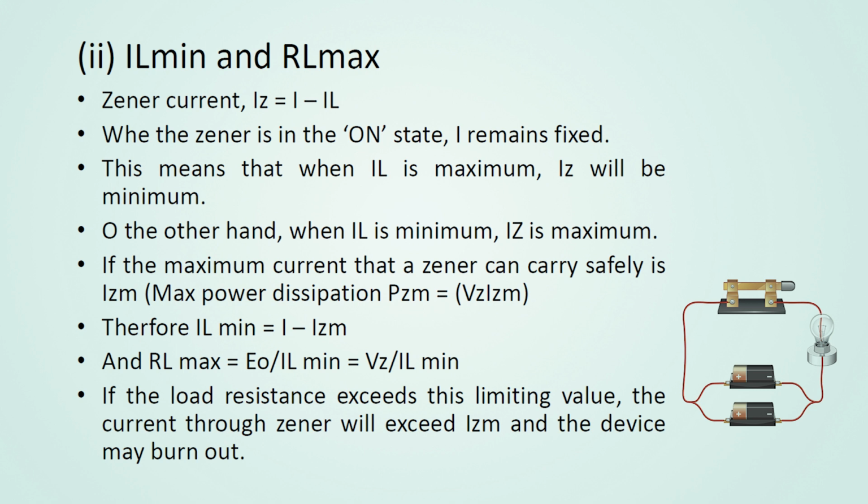Therefore, IL minimum will be equal to I minus Izm, and from this the value of RL max will be equal to E naught upon IL minimum, which is Vz upon IL minimum. If the load resistance exceeds this limiting value, the current through the Zener will exceed Izm and the device may burn out.